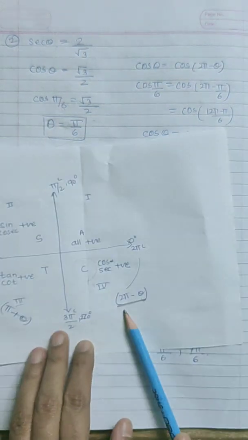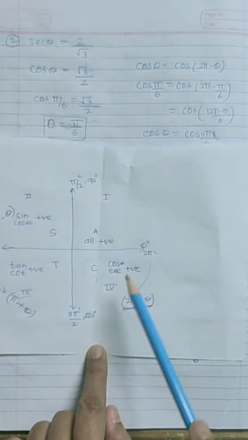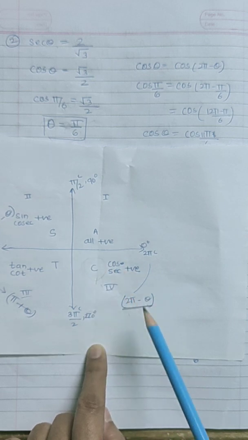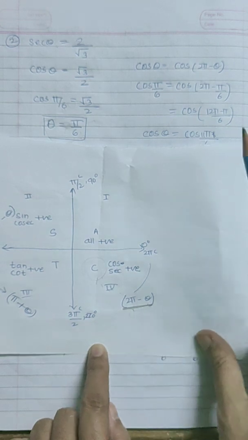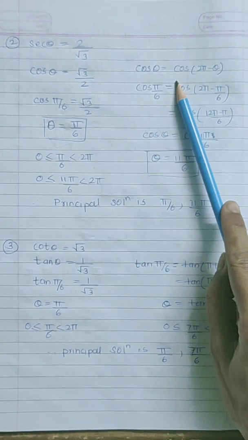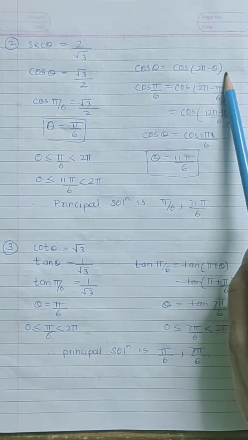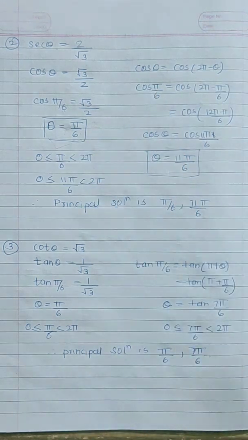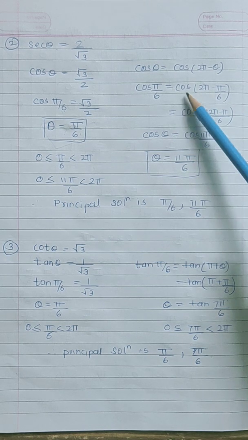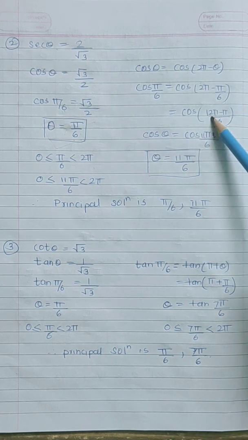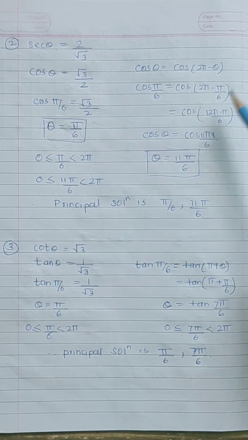Now see again cos theta. See here. This you have to remember. Again cos is positive in the fourth quadrant. So which allied angle you will take? 2 pi minus theta. So cos theta is equal to cos 2 pi minus theta. What is our theta we got? Pi by 6. So cos 2 pi minus pi by 6, that is 6 twos are 12 pi minus pi upon 6, cross multiplication.